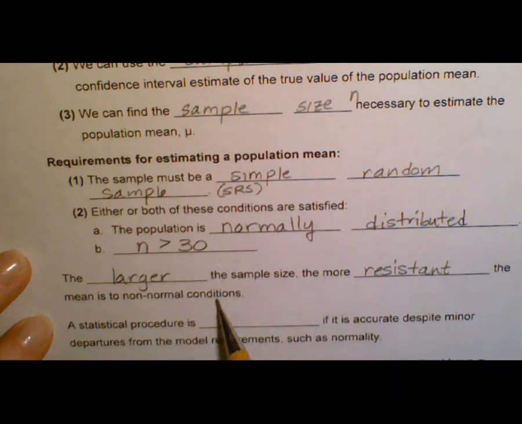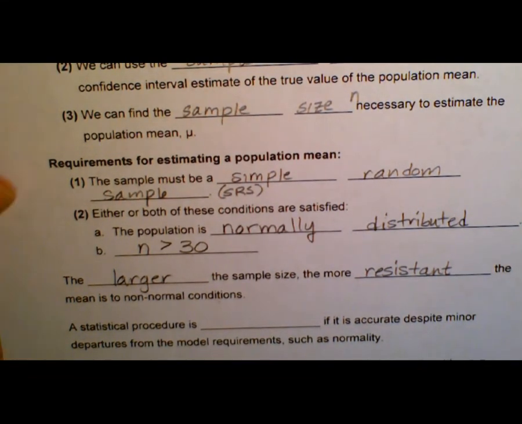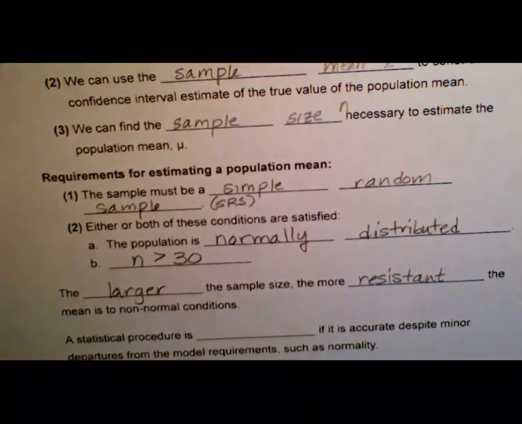It'll act more like a normal distribution, which is what we want, right? So we can use things like normal CDF and other theorems and formulas and things we're learning that require that it behave like a normal distribution.